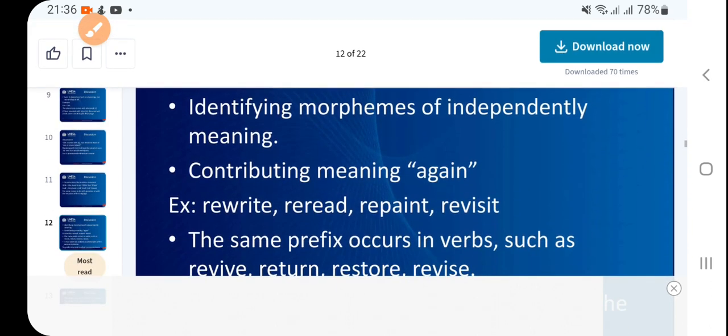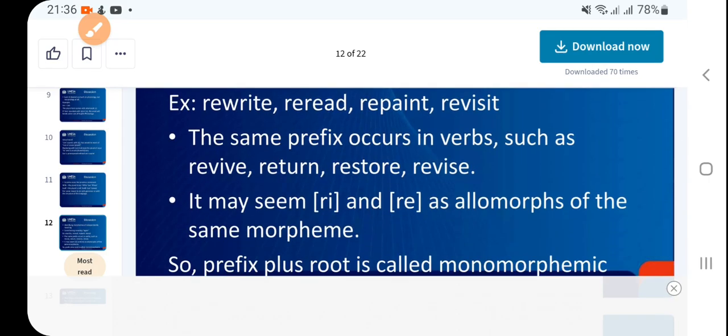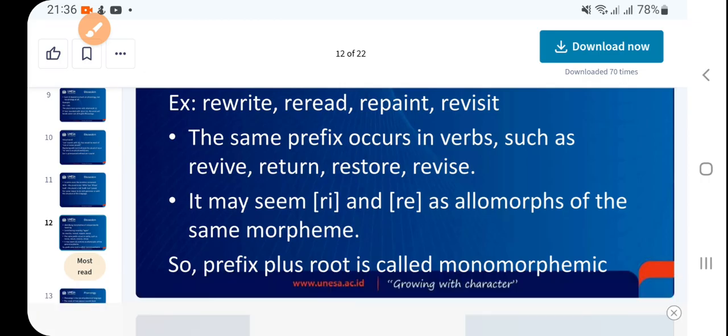Now next is identifying morphemes that independently contribute meaning. For example, rewrite, reread, repaint, revisit. The same prefix occurs in verbs such as revive, return, restore, revise.